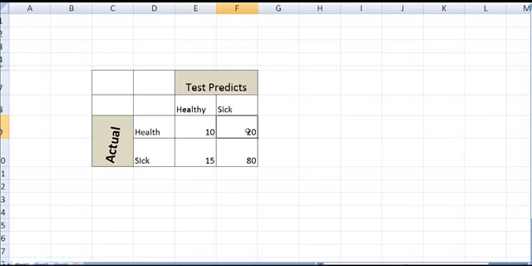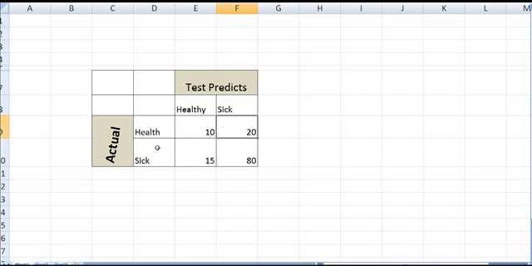Whereas in 20 cases, you predicted there was no gust and there actually was a gust. So it's the same kind of scenario. You have a test and you're trying to determine how accurate it is.